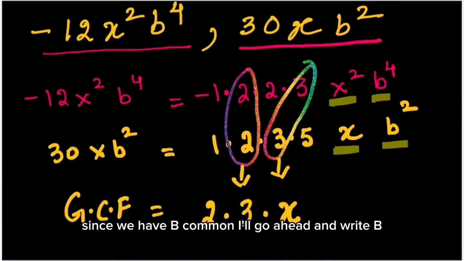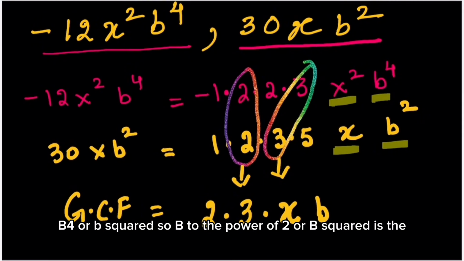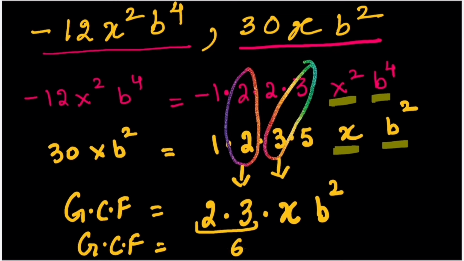Since we have b common, I'll write b. And what is the lower power of b in those two cases? b to the power of 4 or b squared. So b squared is the smaller power. And our GCF in this case is multiplying 2 and 3, 6x b squared.